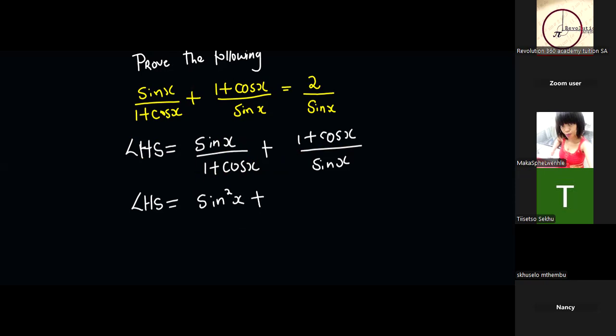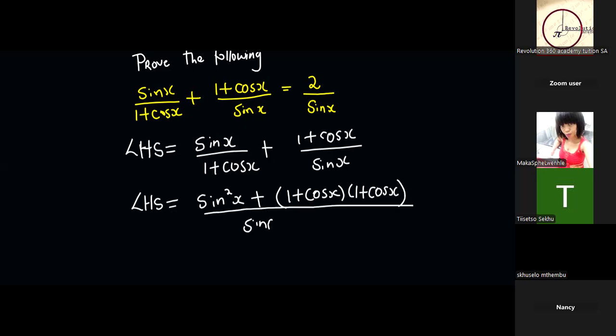You can just write 1 plus cos x multiply by 1 plus cos x, just like this, right? And then divide by the denominator, which will be sin x into 1 plus cos x.